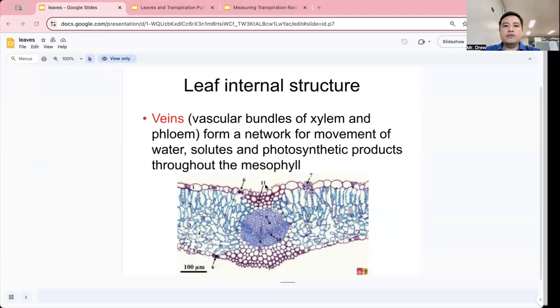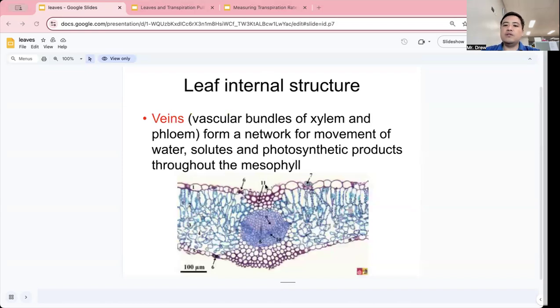Okay, let's go now to the veins or vascular bundles. Veins are the transport system of the leaf. Xylem carries water and minerals from the roots, and phloem transports sugars, the photosynthesis products. Glucose, remember, is the product of photosynthesis, which is a kind of sugar, to the rest of the plant. So why is this important?